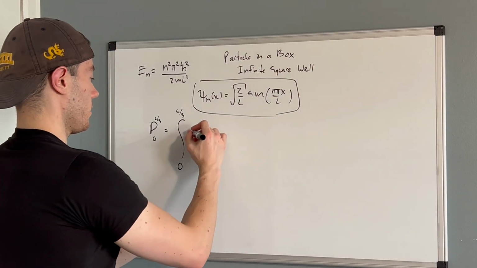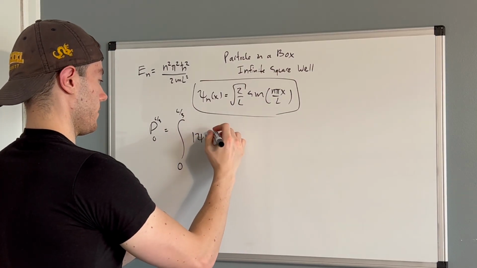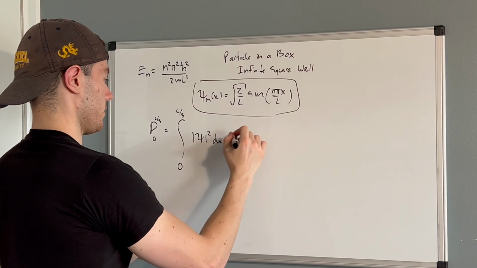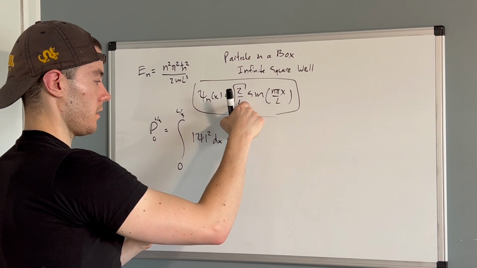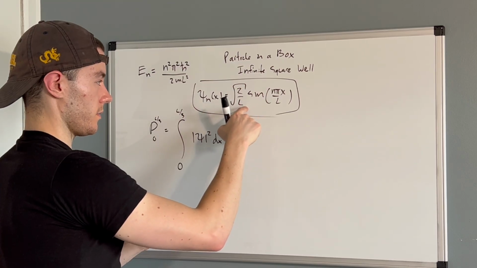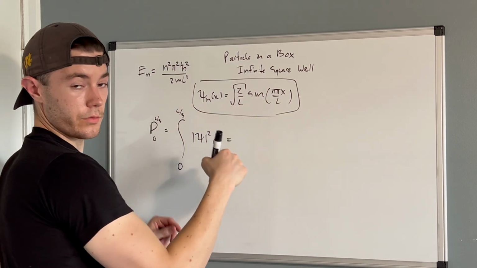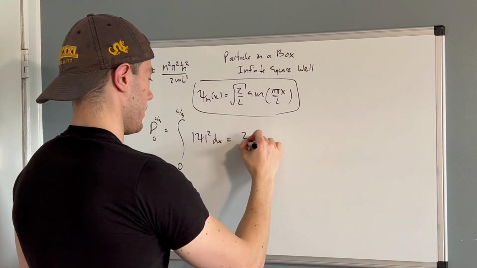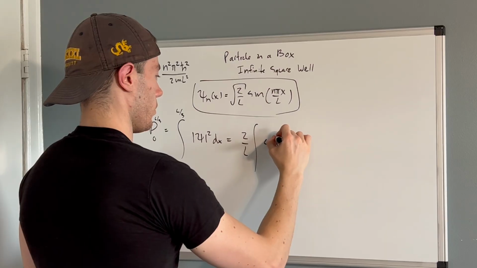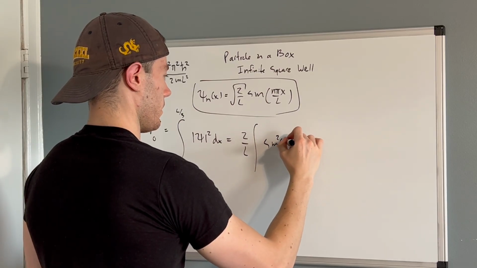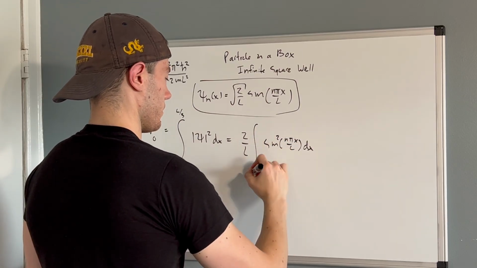So psi squared dx is going to be equal to, so obviously the square root of 2 over L, squared, is 2 over L. I'm going to pull it outside the integral. This is sine squared n pi x over L dx from 0 to L over 3.